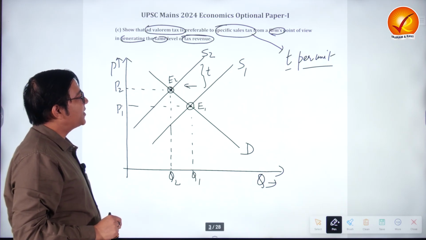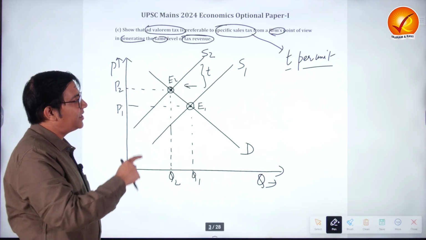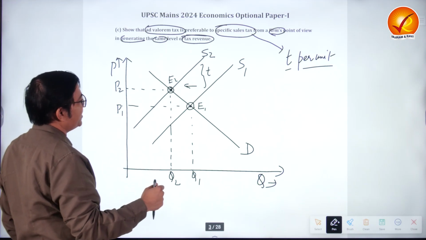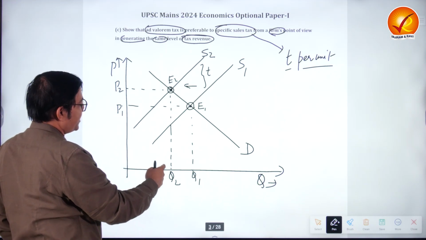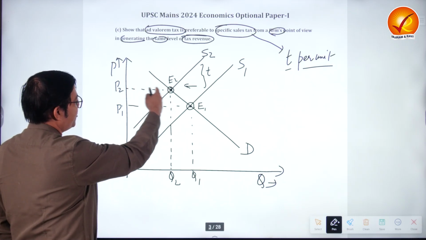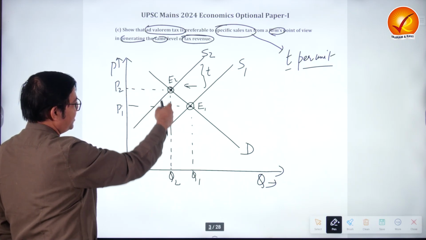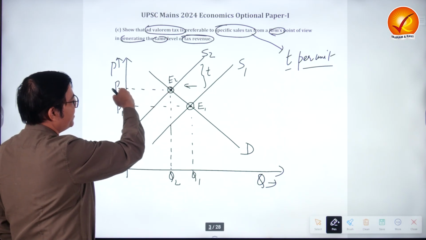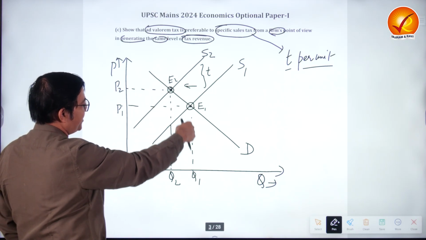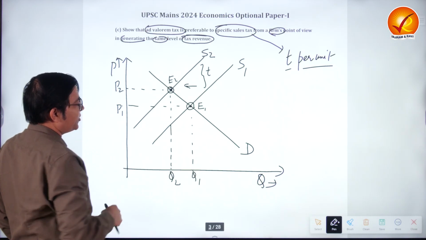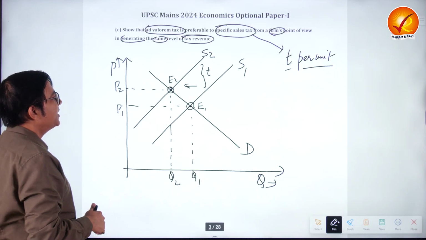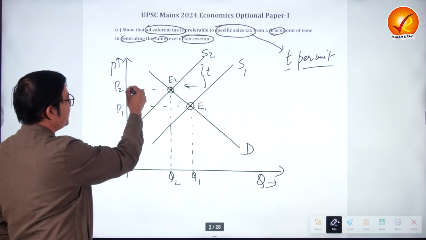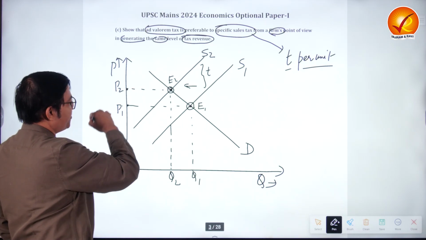So in this case, what is the tax revenue that the firm will collect in case of the specific sales tax? It is selling Q2 amount at a P2 price. Look at it, it is selling the Q2 amount at the P2 price. Earlier it was selling the Q1 amount of quantity at the P1 price. So basically now the consumers are giving them a higher price, which is P2.